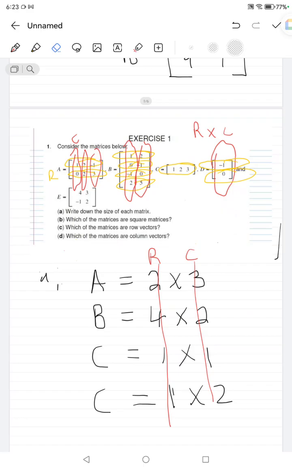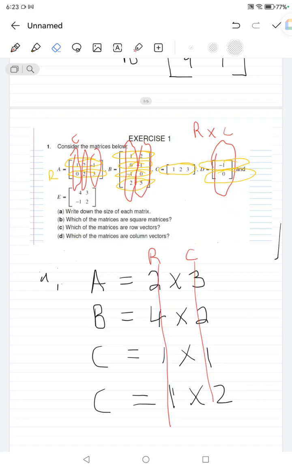So may I just ask? For C, why is it not 1 by 3? And why is it like 1 by 1? Because it's got 1 row, but then with the columns, why is it 1?